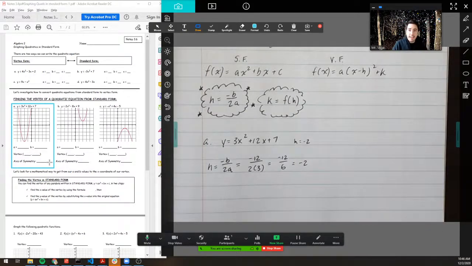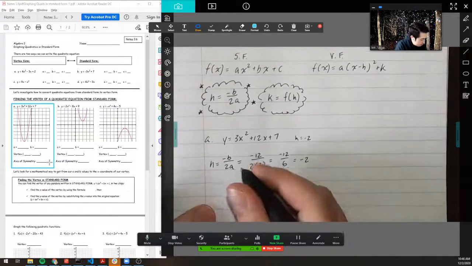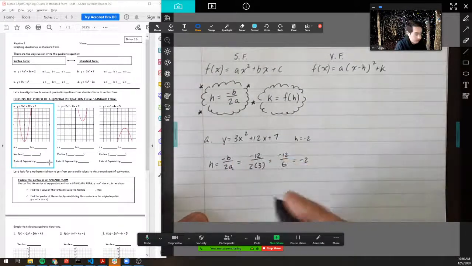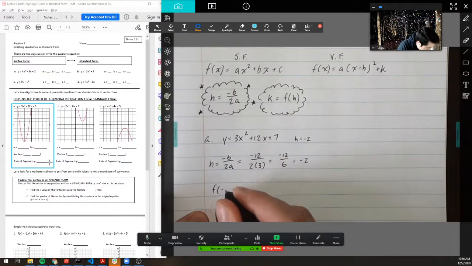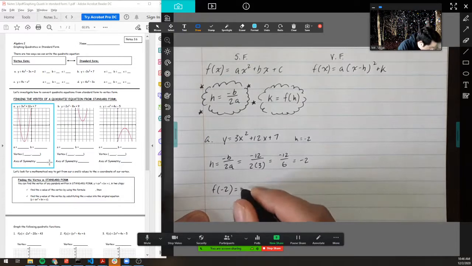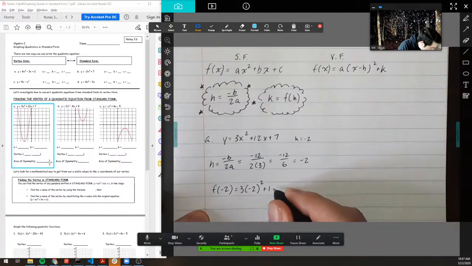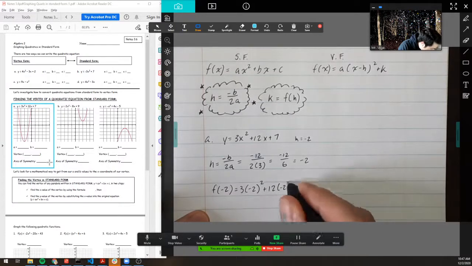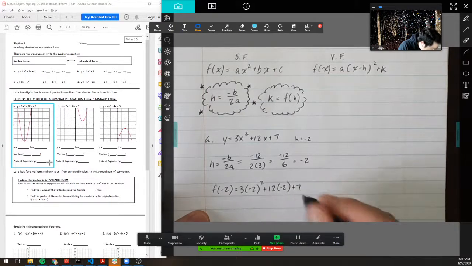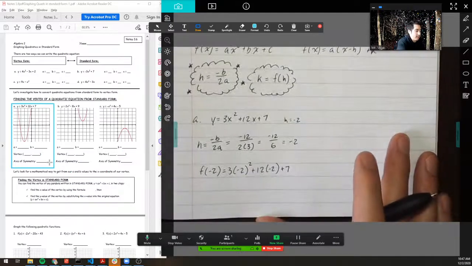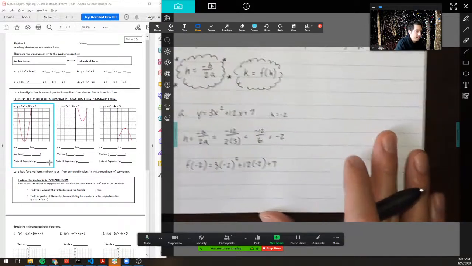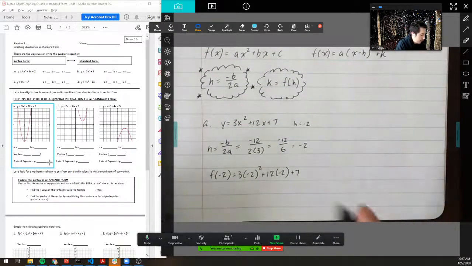Then to find k, I just need to plug negative 2 back into my function. So f of negative 2: wherever you had an x, plug in a negative 2 and evaluate.